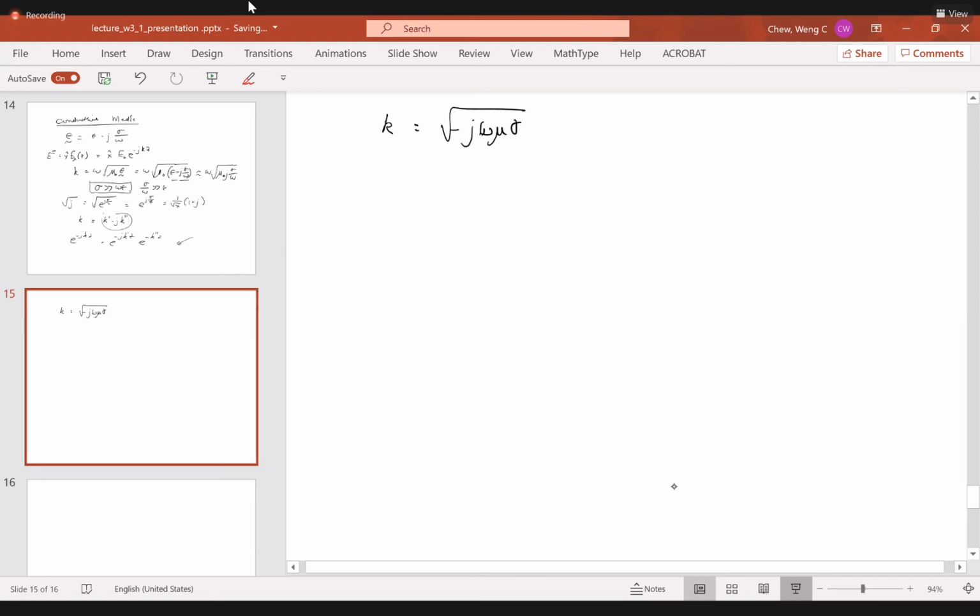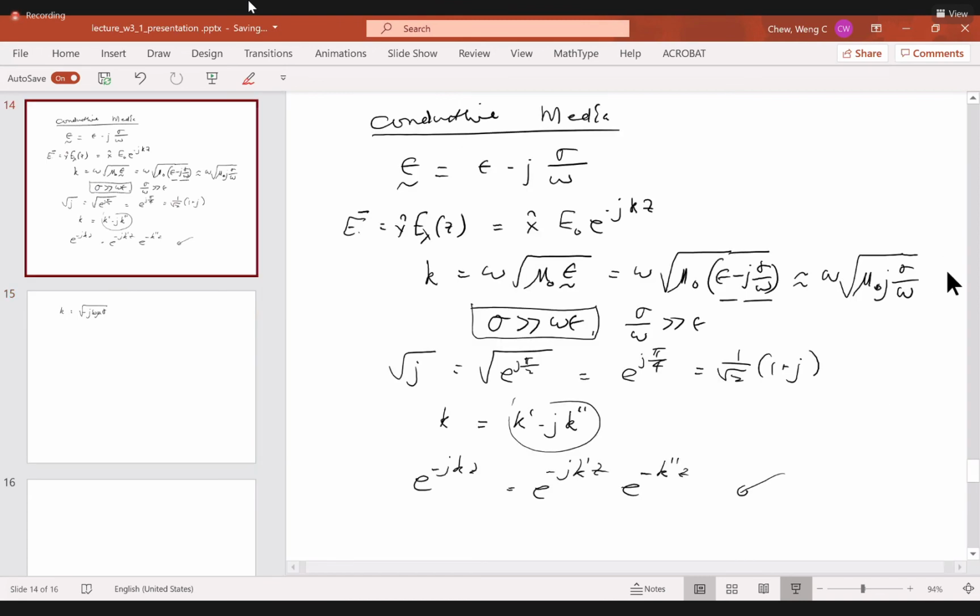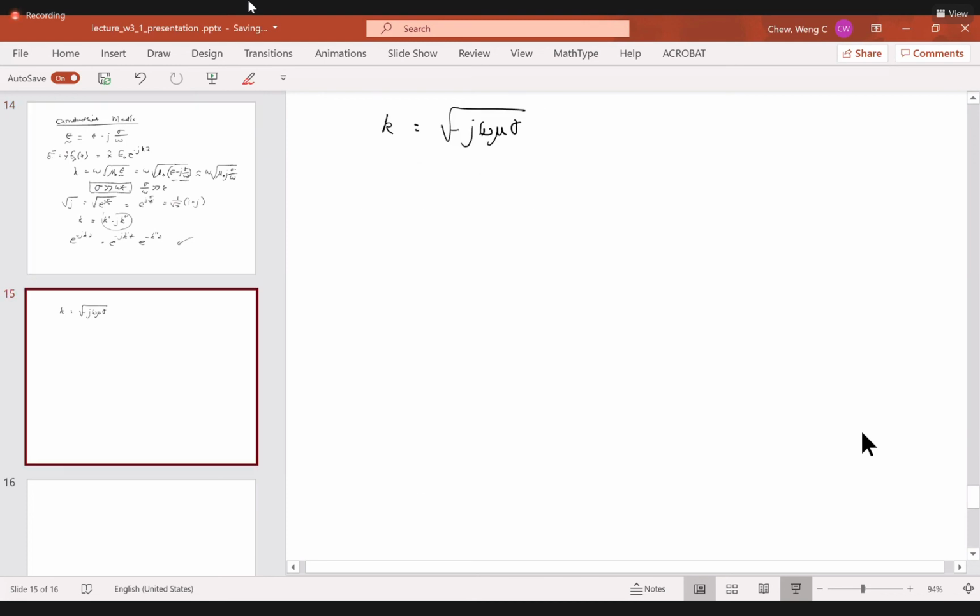Okay, if you were to just take the square root of this, combine the omega together, you will find that k is equal to that, and then it is equal to 1 minus j times the square root of omega mu sigma over 2. Okay, so you can calculate that k double prime quite easily. It's given by the square root of omega mu sigma over 2.